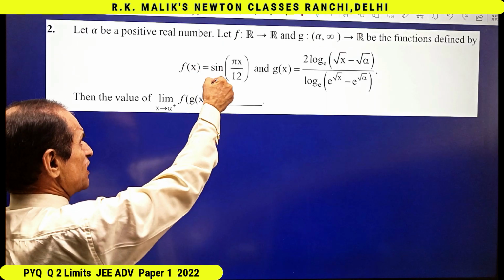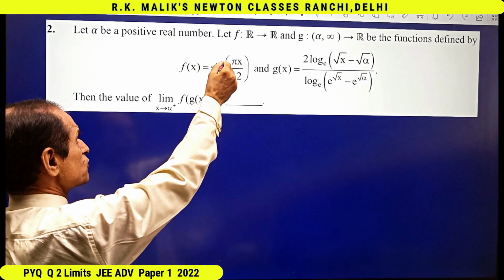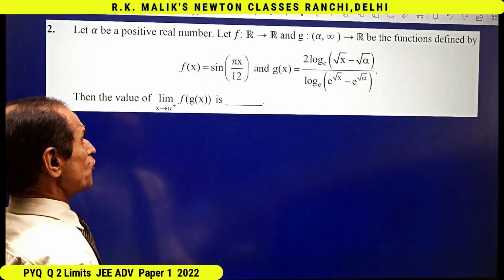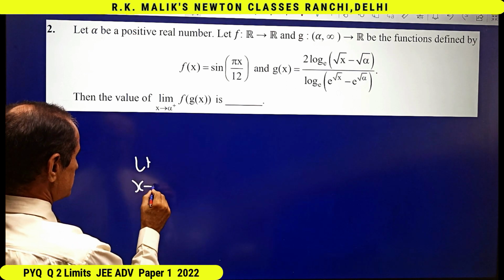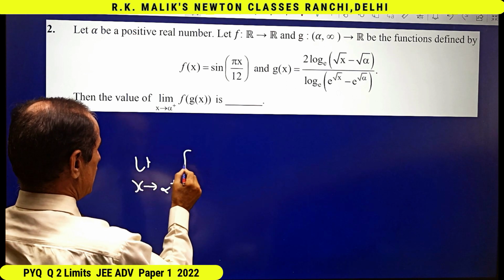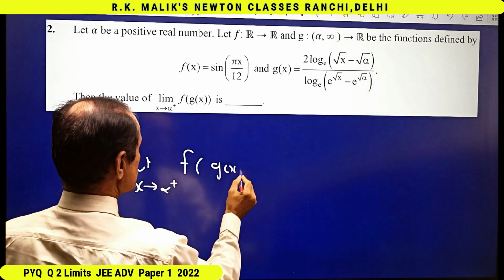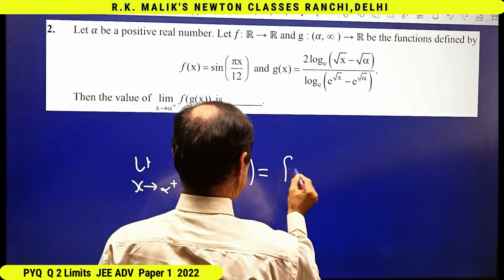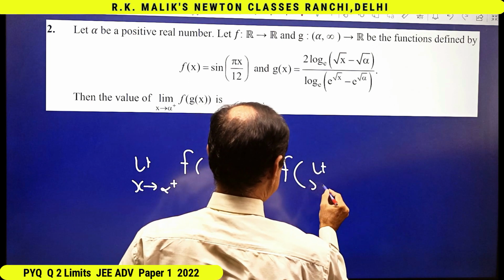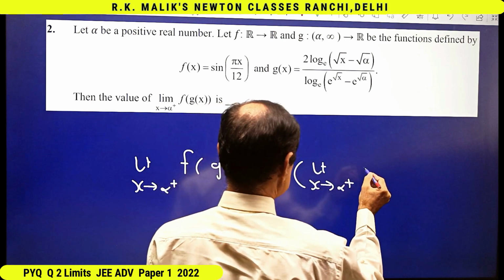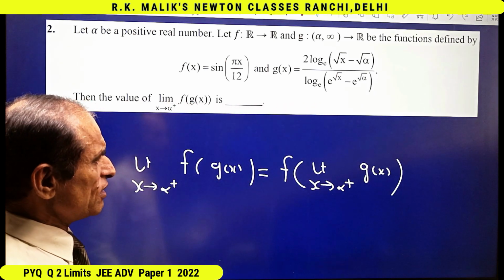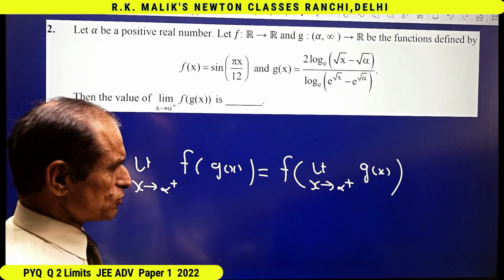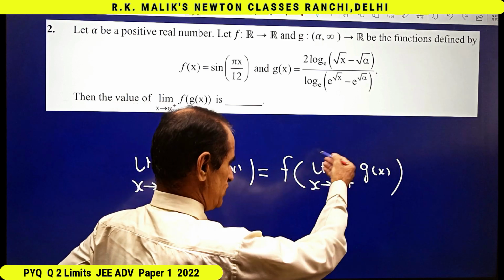And because it is clear that f(x) is always continuous at every value of x, therefore limit x tends to alpha plus f of g(x) can be written as f of limit x tends to alpha plus g(x). And my question now reduces to only finding the value of this.